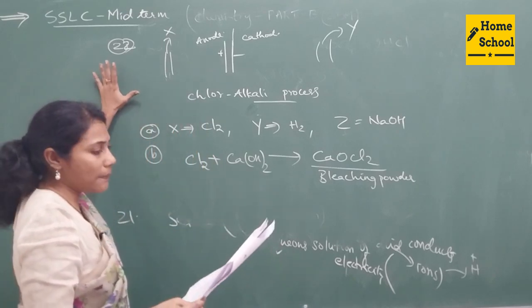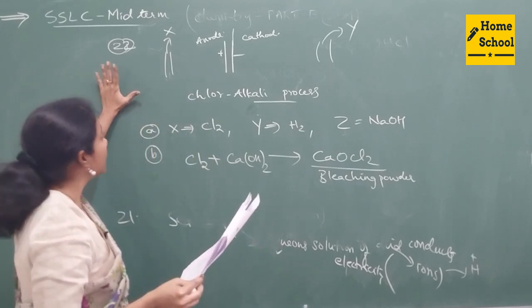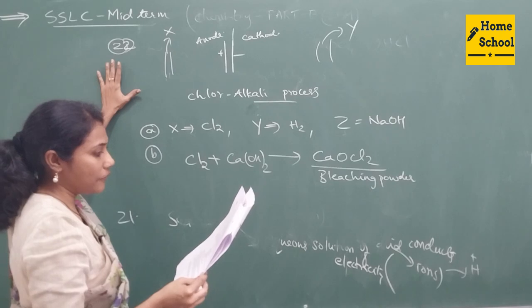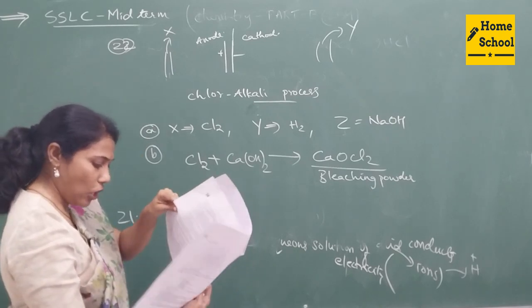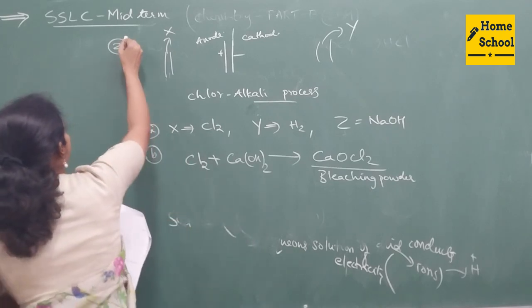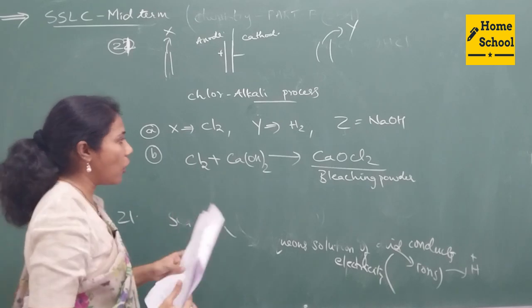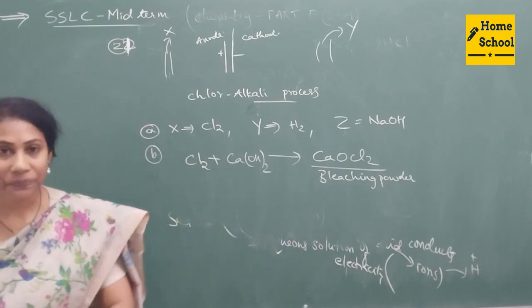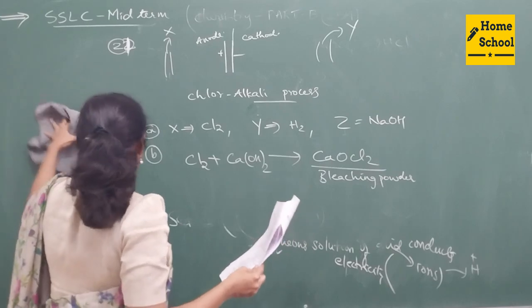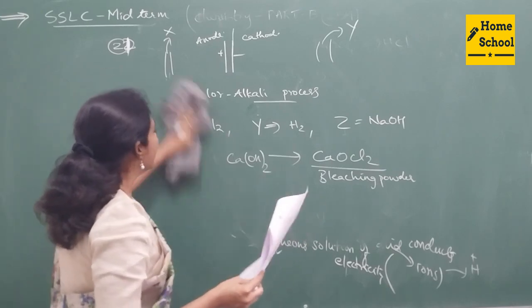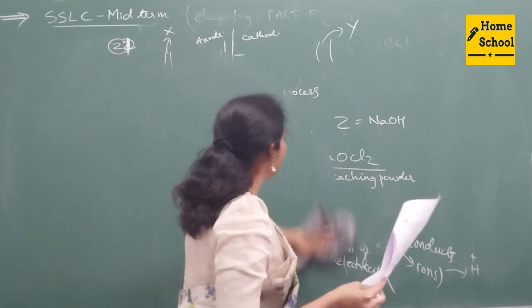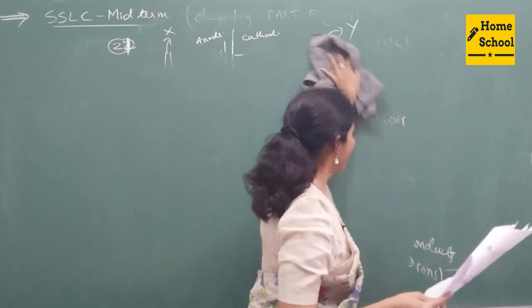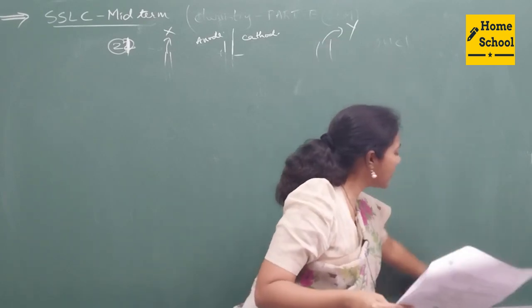So this is all about the 21st question, right? Oh, is it an OR question? Yes, this is the 21st question only. It was an OR question, right? So now coming to the 22nd question. This is also so interesting. I always enjoy dealing with such questions, because they are all concept based. You should understand the concept.